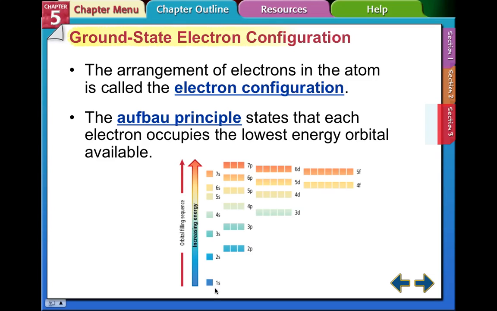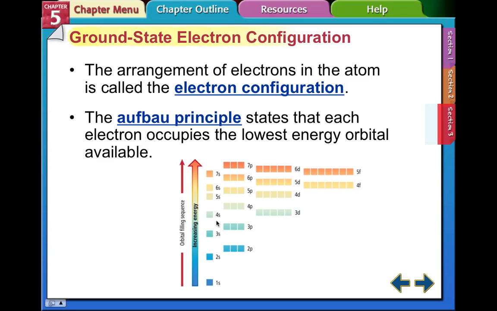So remember, it was S, P, D, and F for the sub-levels. Energy level 1 has 1 sub-level, so 1s. Energy level 2 has 2 sub-levels, 2s and 2p. Energy level 3 has 3 sub-levels, 3s, 3p, and 3d.